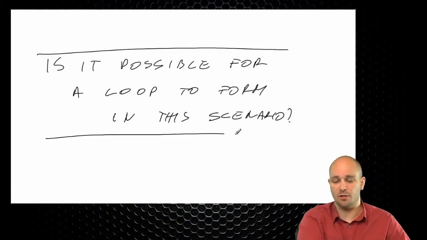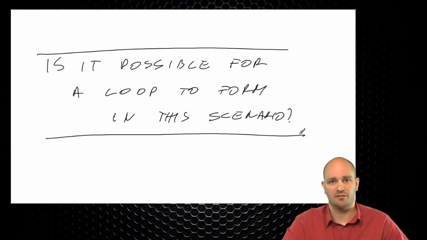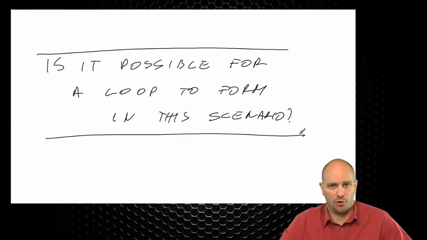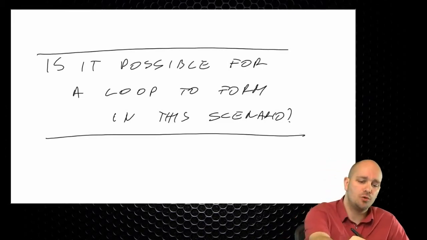So this is the question that you need to ask yourself. Please pay attention that the question is not will the loop form, but the question is it possible for a loop to form? Now, to answer this question, what you need to do is you need to simplify the network diagram that you are dealing with.